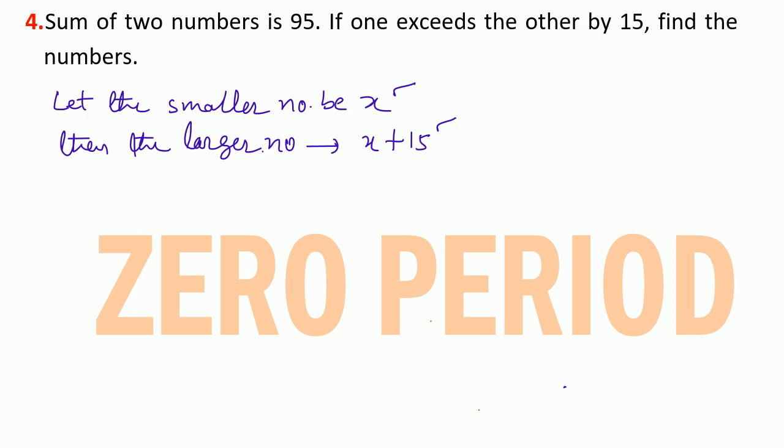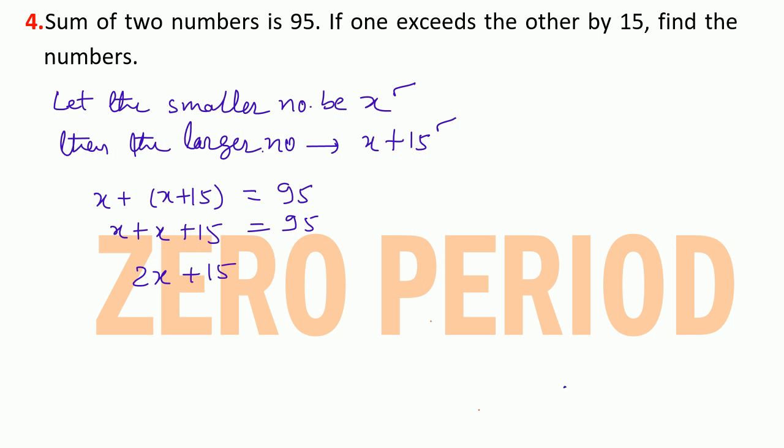The sum of these two numbers is 95, it is given. So x plus (x plus 15) is equal to 95. When you open the bracket, x plus x will give you 2x. 2x plus 15 is equal to 95.